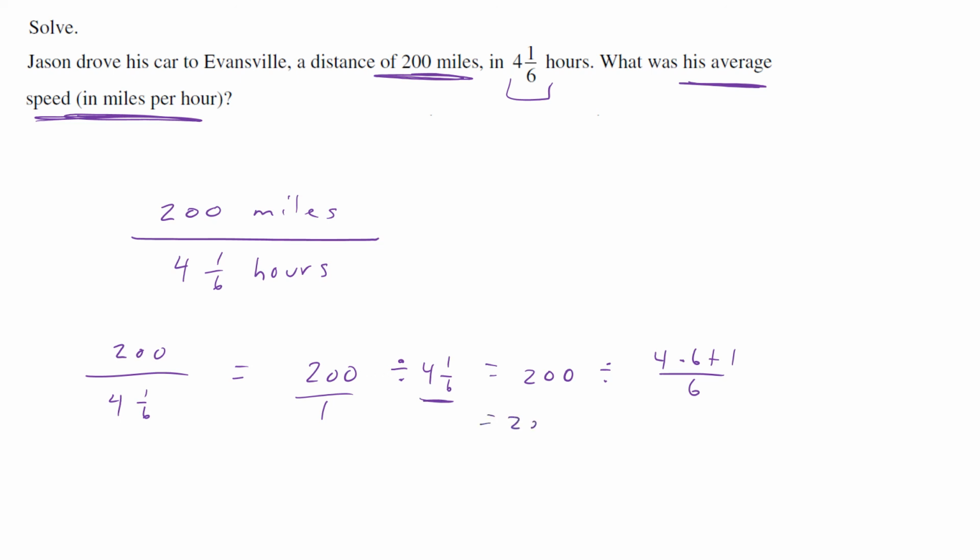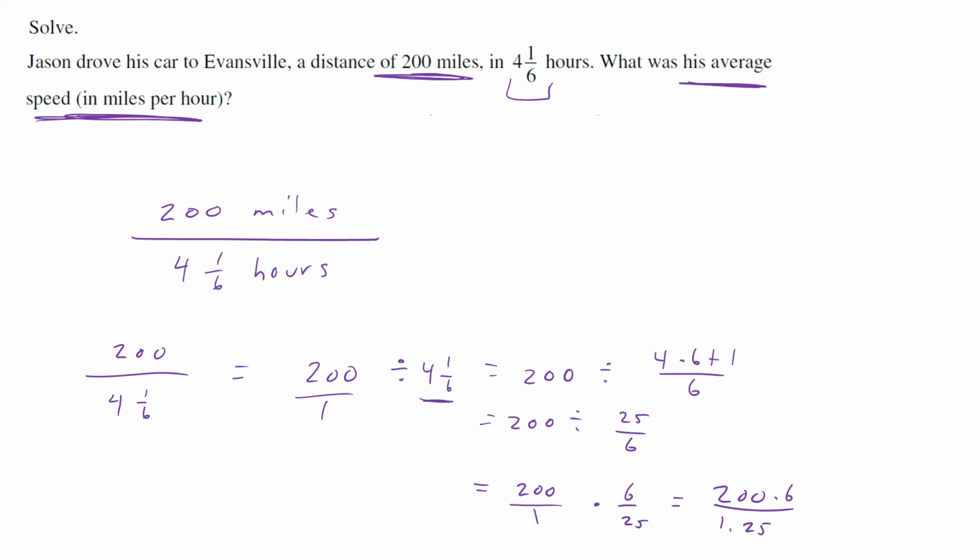And that's going to give us 200 divided by 25 over 6. And then remember, to divide fractions, we flip and multiply. Always flip the second one. So this is like 200 over 1 times 6 over 25. That's going to give me 200 times 6 over 1 times 25.